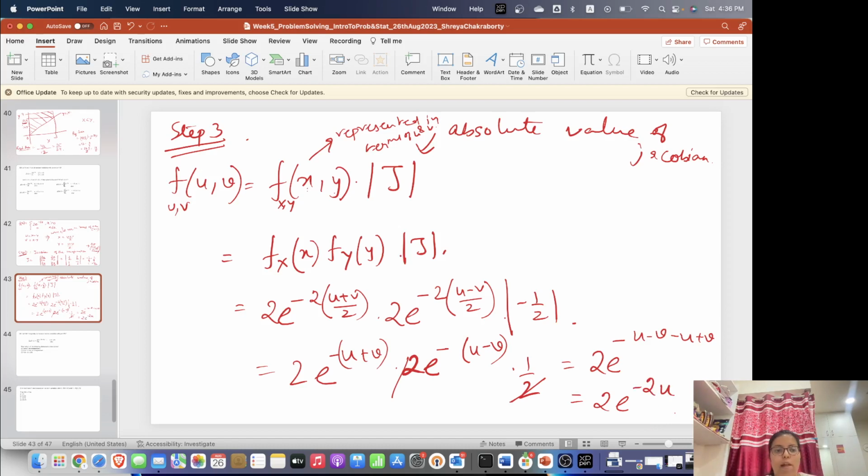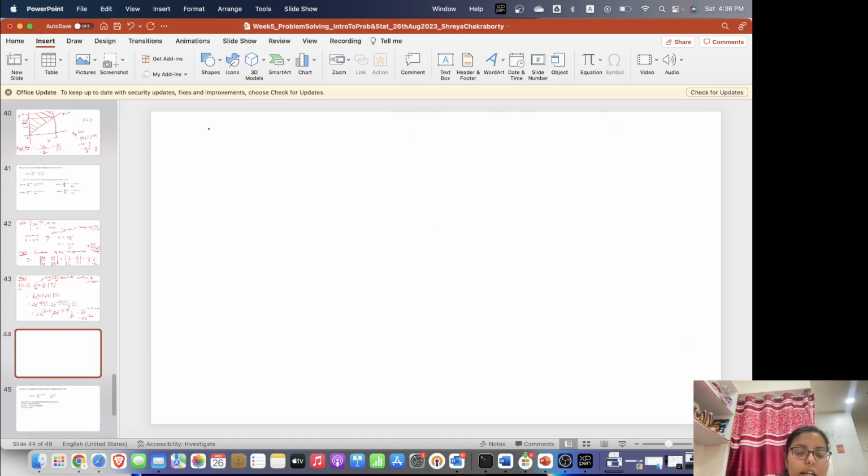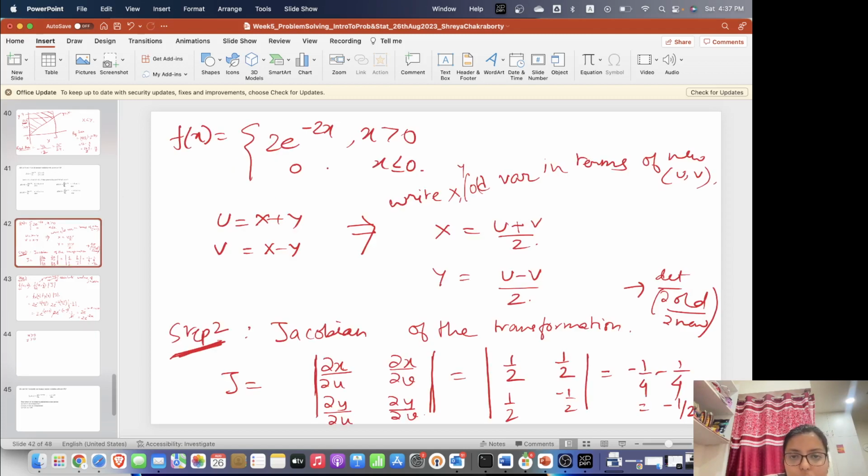Okay. Now we have to look at the range of u and v. This is the PDF, but it should hold true within some range of u and v. So let us now find out what is the range of u and v. So here wherever x and y were greater than 0, this PDF would have followed.